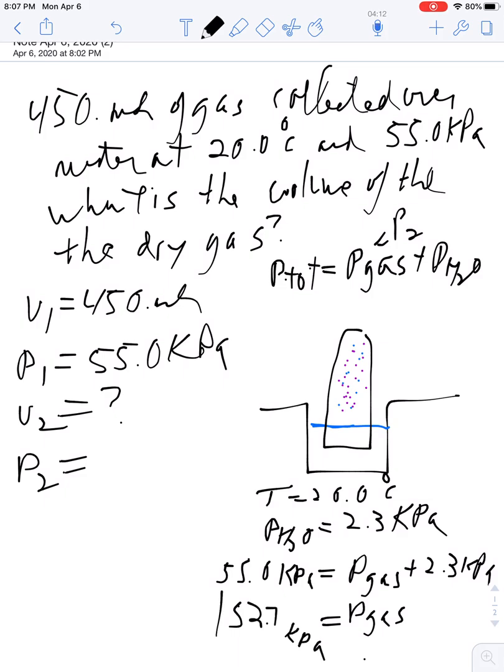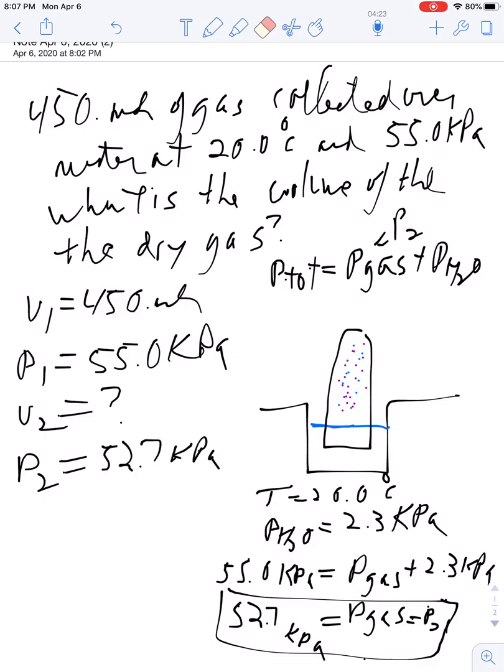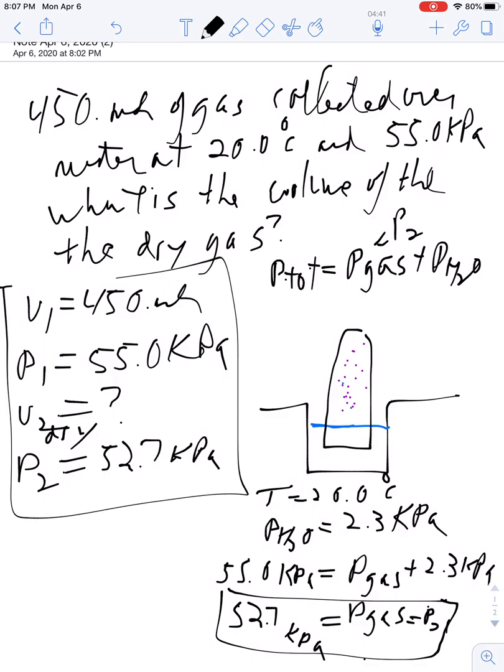So this is my P2. Basically, again, we are mathematically removing the water from that container. And so that's why we call it a dry gas. So now we have all the information we need to plug it into Boyle's law.